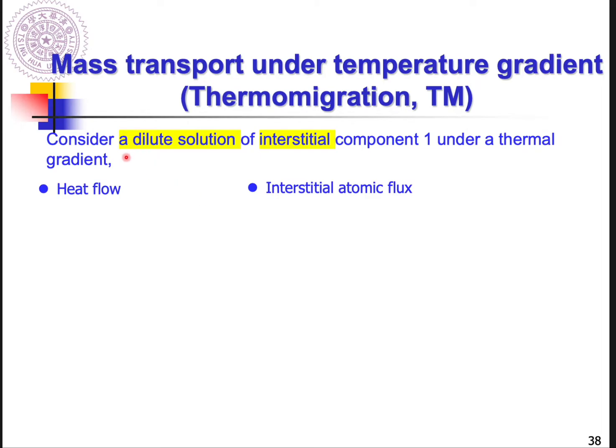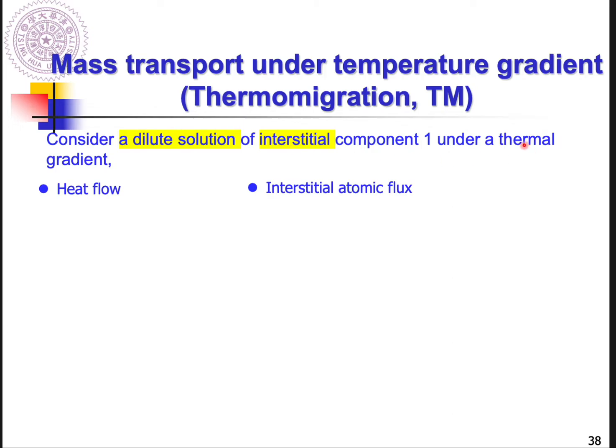So the material now, you consider a dilute solution of interstitial component 1 under the thermal gradient. So we have a material, and we talk about the mass transport species located at the interstitial sites with a dilute concentration. Because there are two possible driving forces.